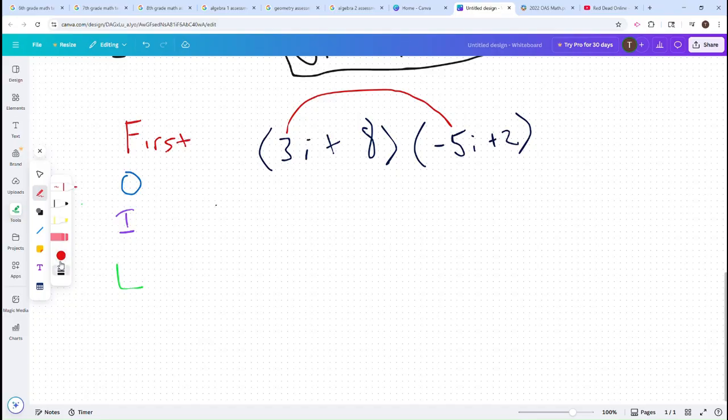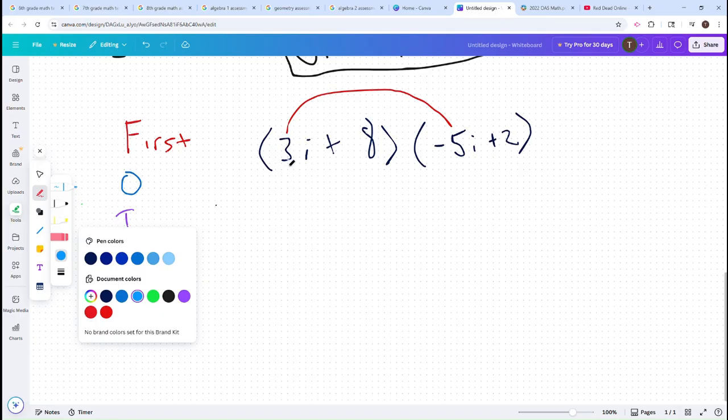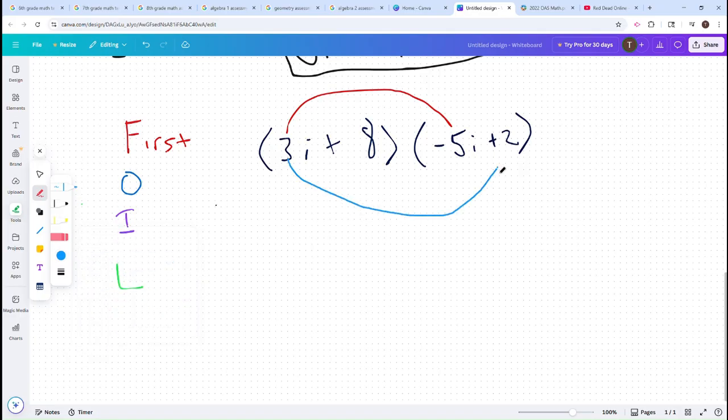The O is for outer, which is those two, outer.